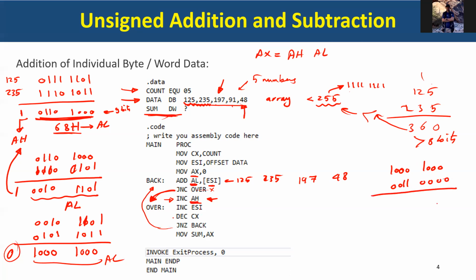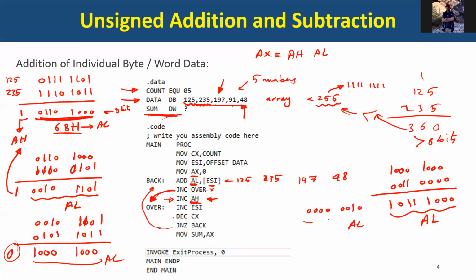And here we also have no carry, so this result will go to AL, and we will not increase AH, so AH at the end will have this value here.